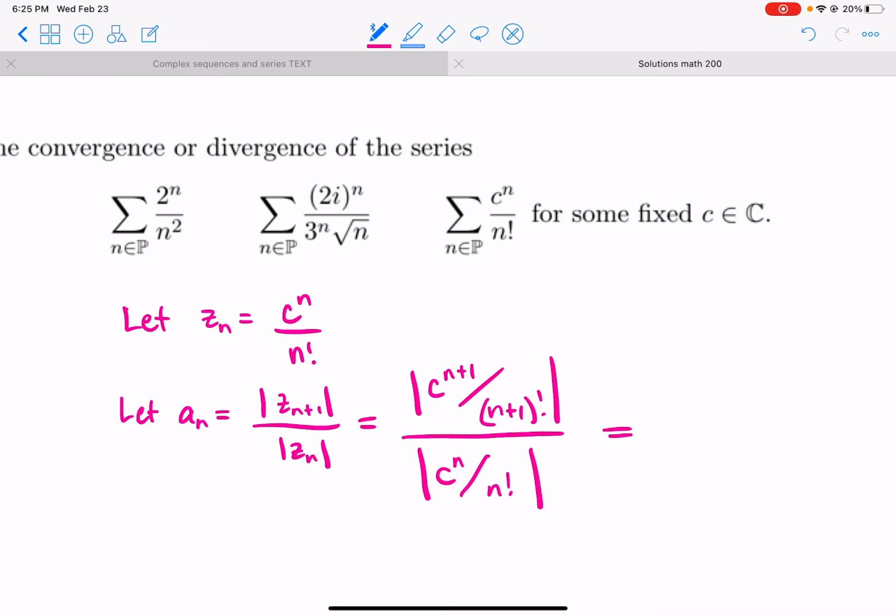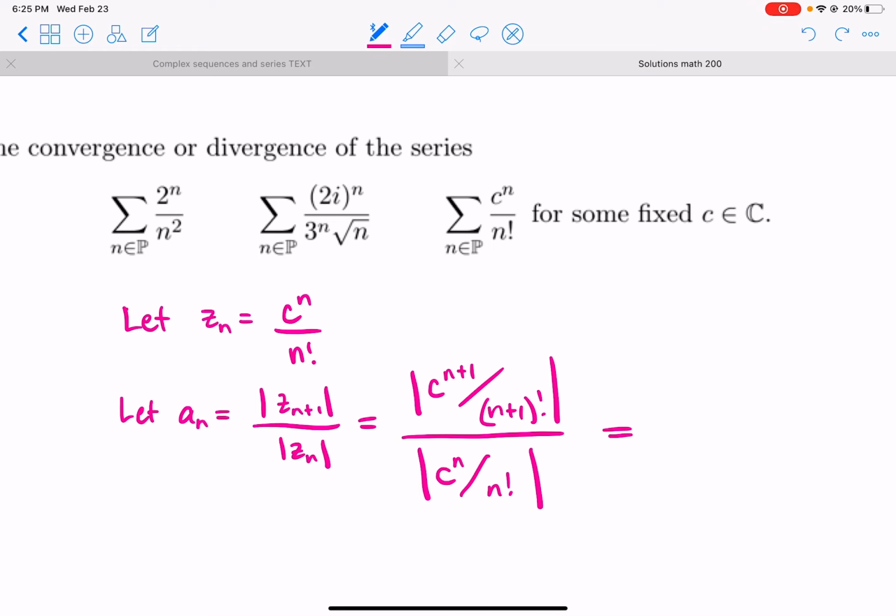Okay, so these n's are positive integers, so we can just pull them out of the absolute value signs and it's not a problem. But this complex number, we'll have to remember that it's really the absolute value of the complex number that will play a role.